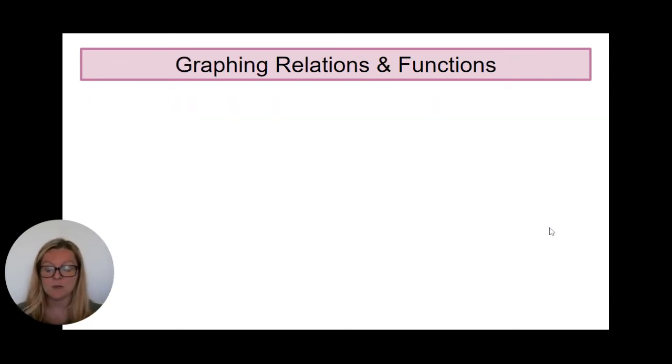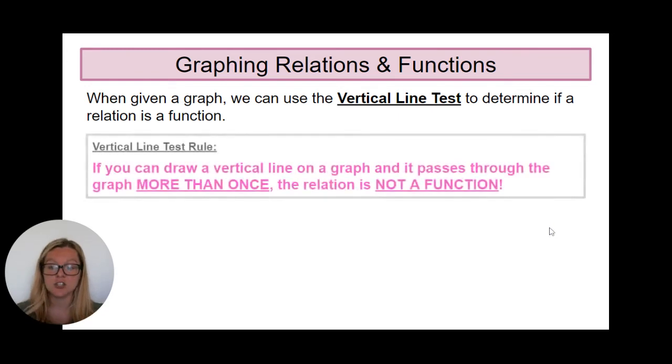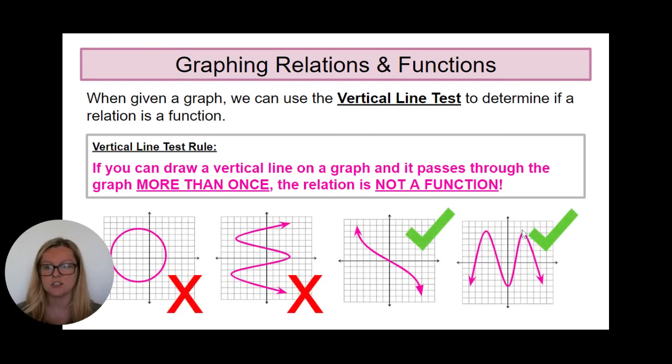The last thing I want to talk about is how to tell on a graph. There is an easy way for y'all to determine if the graph is a function just by looking at it, and it's called the vertical line test. If you can draw a vertical line on a graph and it passes through the graph more than once, it is not a function. So look at this circle.